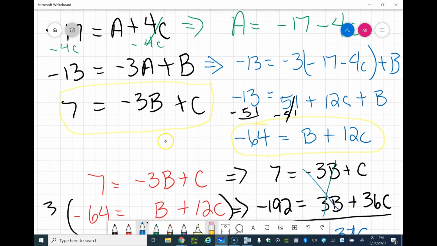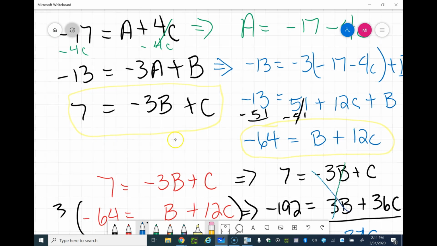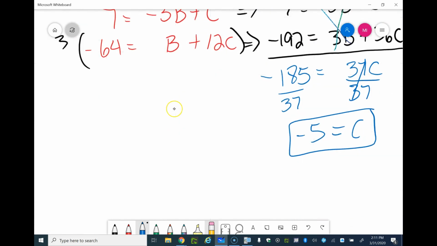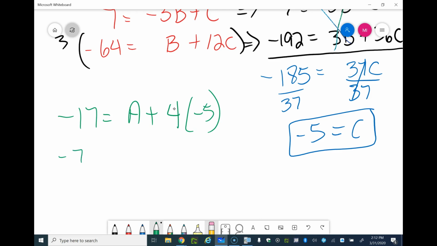It looks like if I plug in C to the first equation, I can actually figure out what A is. So let's do that. So I'll take the first equation, -17, A plus 4 times -5. I'm going to take the 20 over by adding.